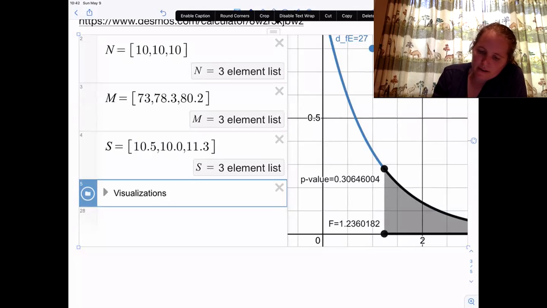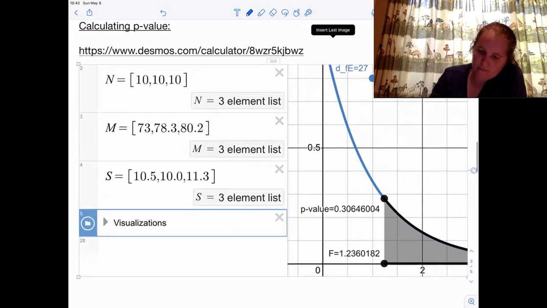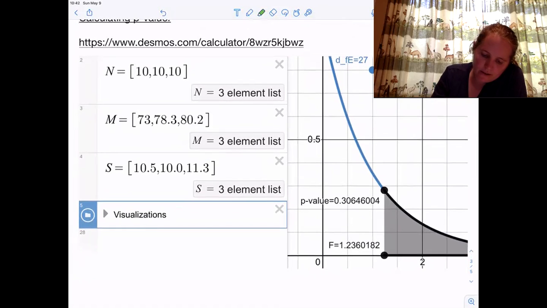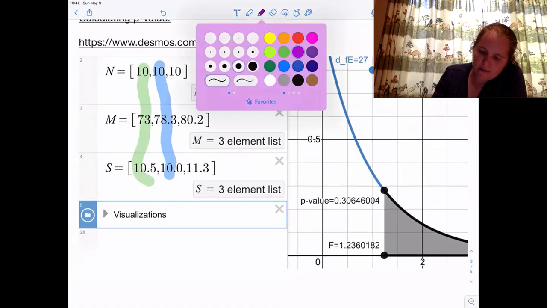So again, if we look, this right here is our first year students. Then we have second year and third year.